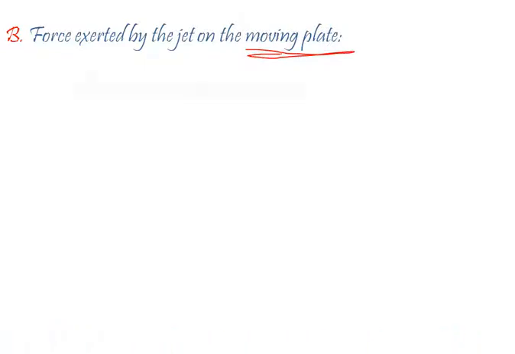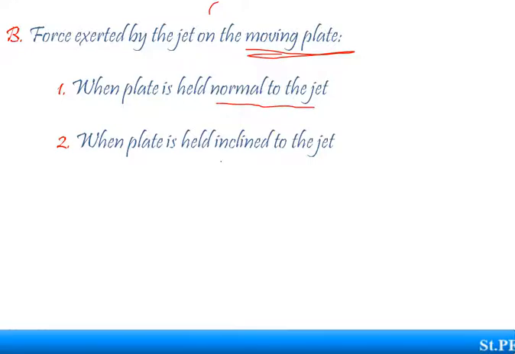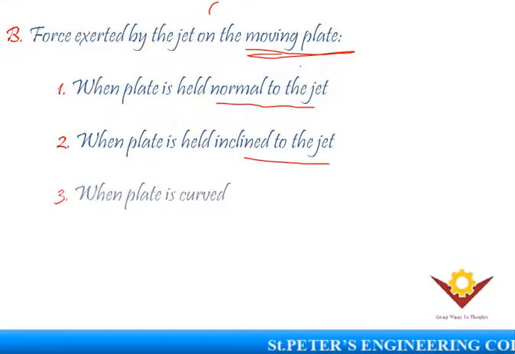And in this, again we have similar cases to the previous one: when the flat plate is held normal to the jet, when the plate is held inclined to the jet, when the plate is curved.